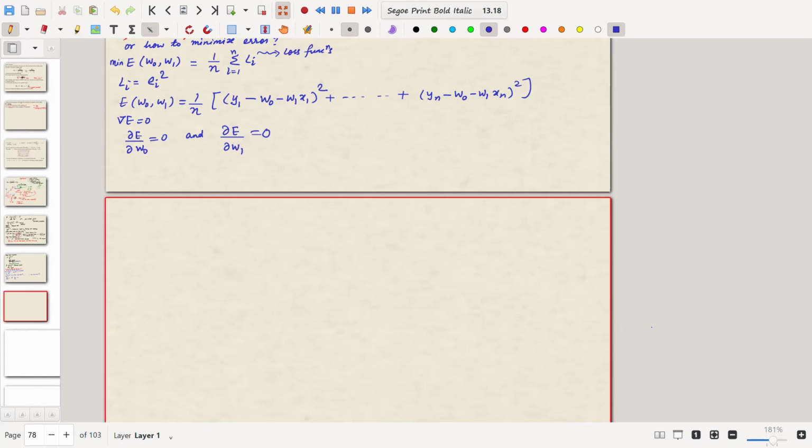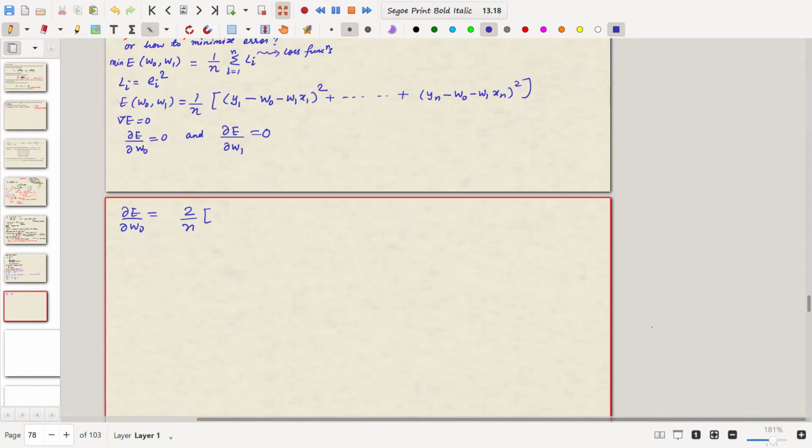What is dou E by dou W naught? You take everything as a square. So when you solve it, like x squared, 2 times x comes. So it will be 2 by n times, I have taken the 2 common. You have to differentiate this with respect to w naught.